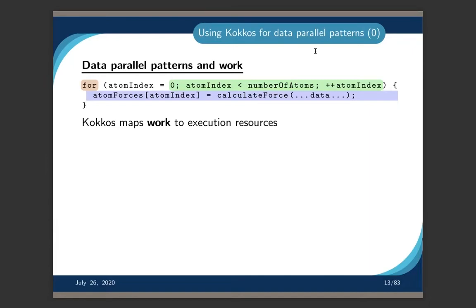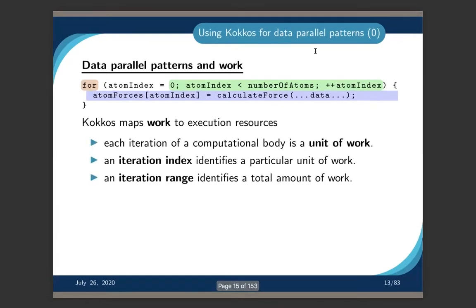And then you have something you do for every iteration, for every index, and that's what we call the loop body. In Kokkos, that is our unit of work. Each iteration of a computational body is a unit of work. You don't technically have to think about chunks or anything like that. You think about individual iterations. The iteration index here is the identifier for a particular unit of work, and the iteration range essentially identifies the total amount of work.